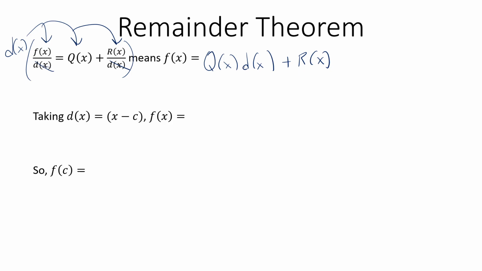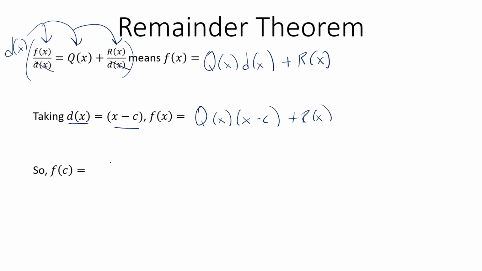Now, if our d of x was equal to x minus c, so if I'm going to let d of x equal x minus c, follow me real quick. I'm going to plug in x minus c for d of x. Now, if I came across a case where I was trying to find f of c, well, f of x equals q of x times x minus c plus r of x.